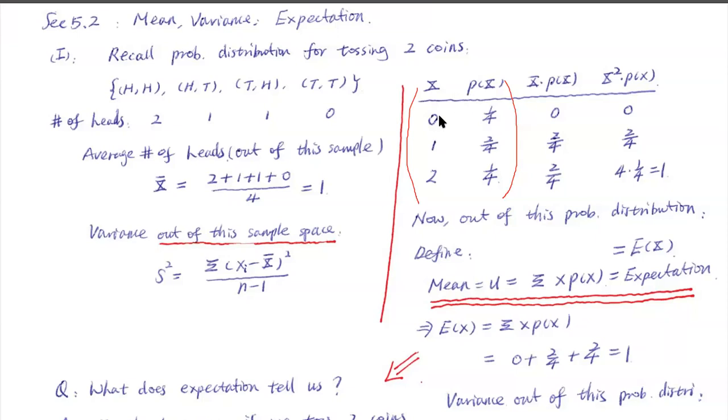Based on this summarized information, can we still calculate, for example, the average? Previously, if you were given those 4 outcomes, with the number of heads very clear, and I asked you to calculate the average number of heads, it's straightforward. Add them together, divide by 4. That will be equal to 1.